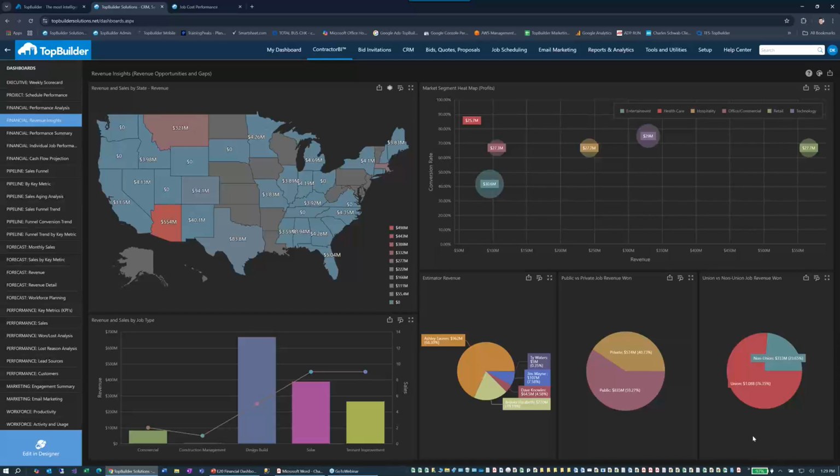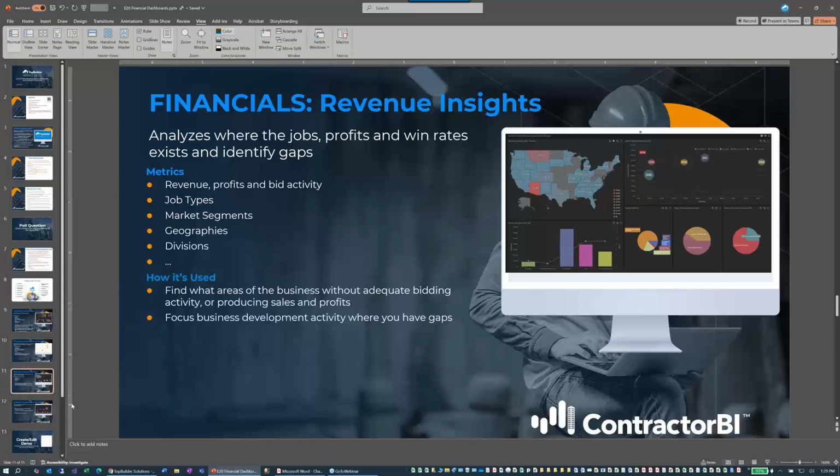But we showed this to Nika, and the members of Nika were telling them they were getting all kinds of private work and non-union work, but when we looked at the data, that was not the case. But it was easier to go get, and so they were switching and trying to focus more on the non-union work because they were missing out on opportunities, which is the whole point of this dashboard.